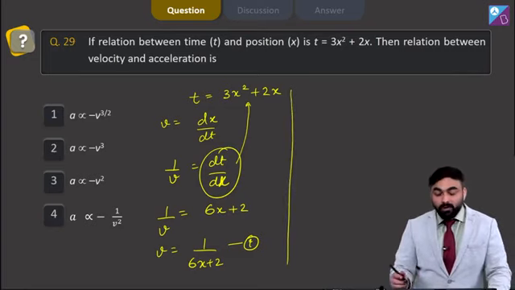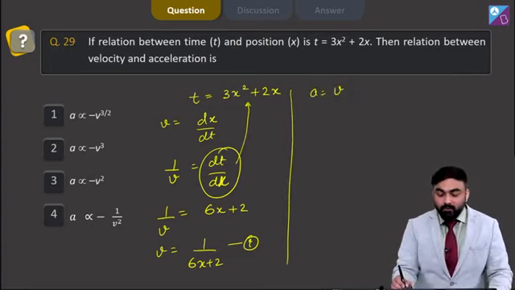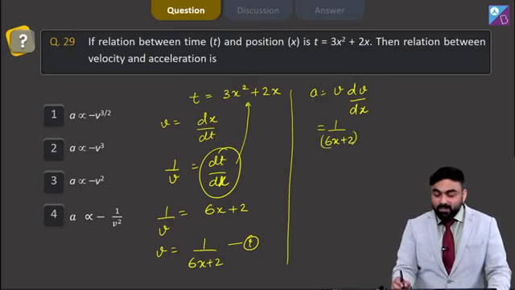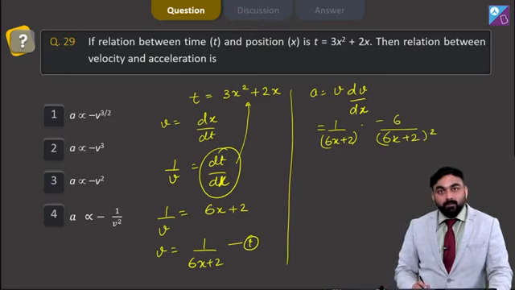Now we know that a = v dv/dx, and v here is equal to 1/(6x + 2), and dv/dx will be equal to −6/(6x + 2)².